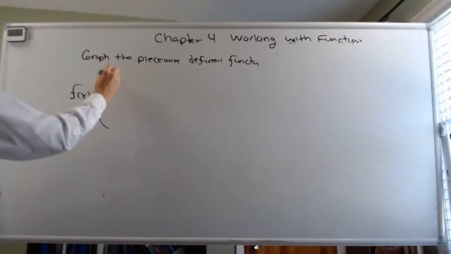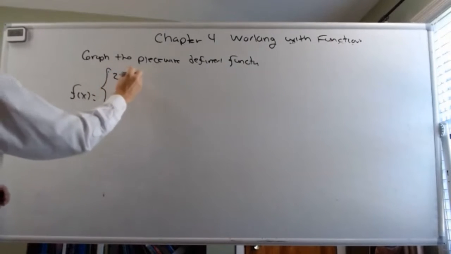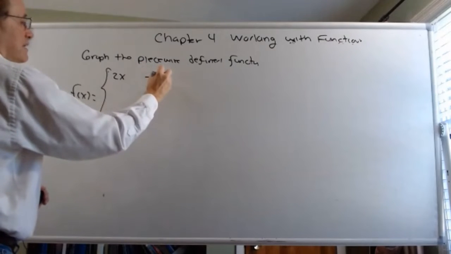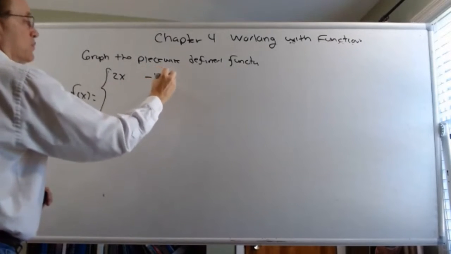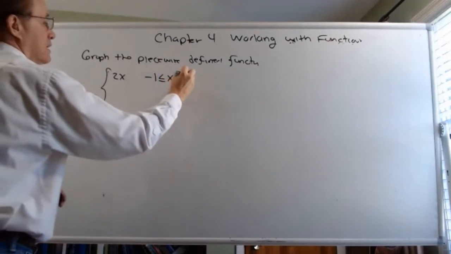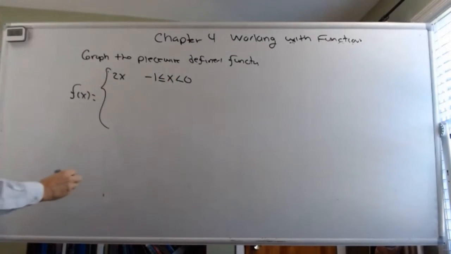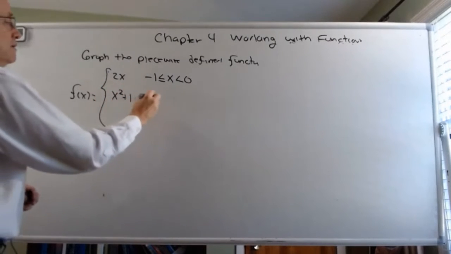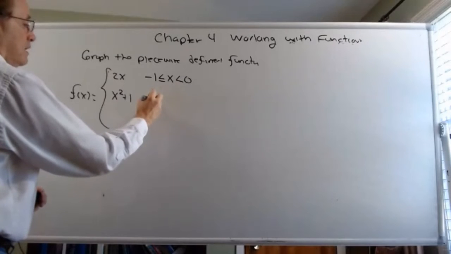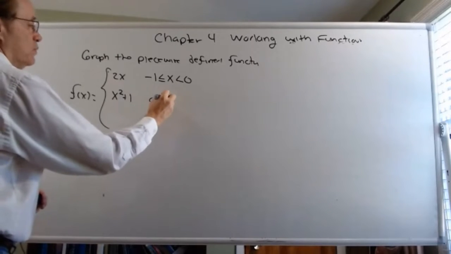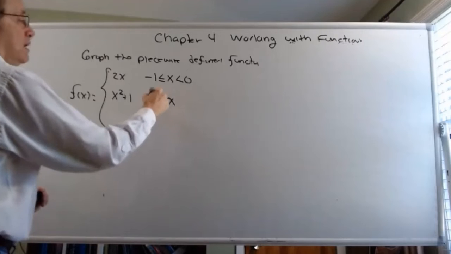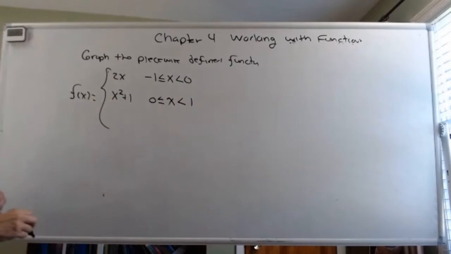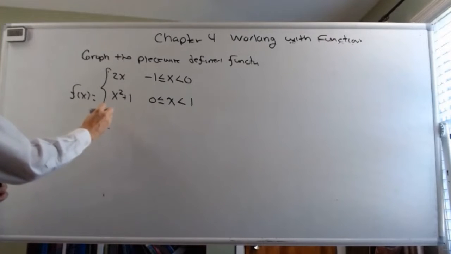So let's say it's equal to 2x, and this is good for minus 1 is less than or equal to x, which is less than 0. And let's say I do x squared plus 1, for x greater than or equal to 0, and up to, say, 1.